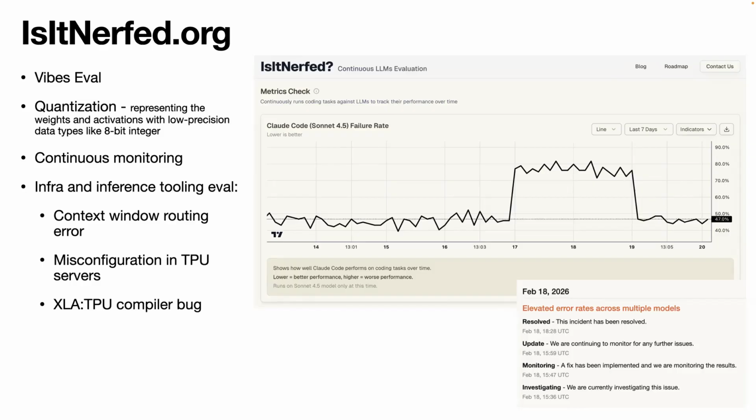For example, last year there was a big incident, and Anthropic provided information on why that was happening. And indeed, it was some misconfiguration in TPU servers, some compiler bugs, and some issues with the load balancers, which were using different settings for different models. So, yeah.